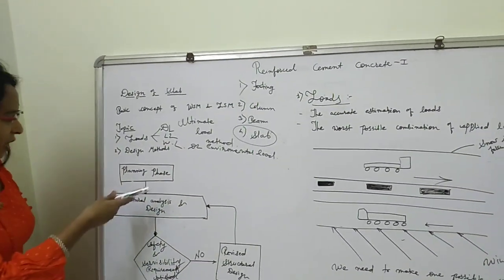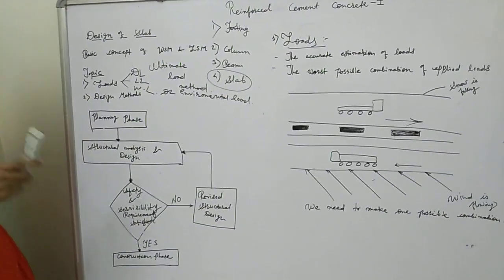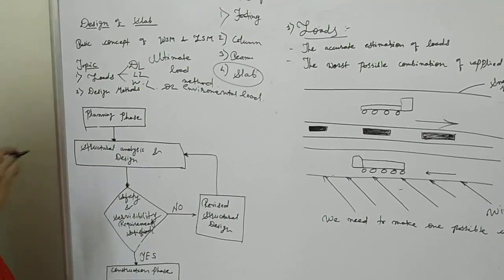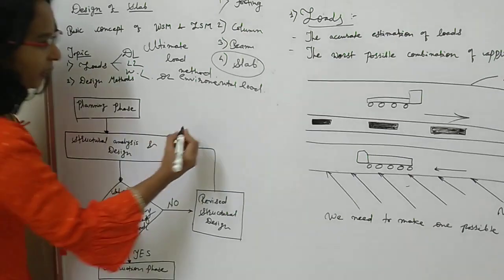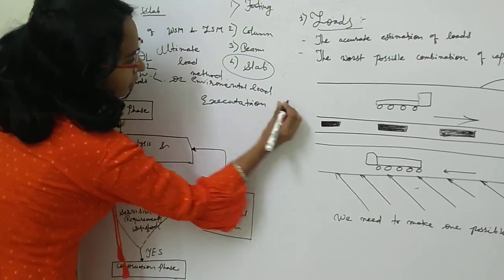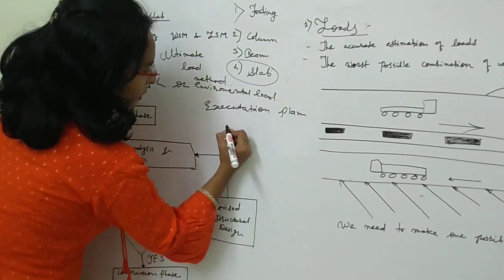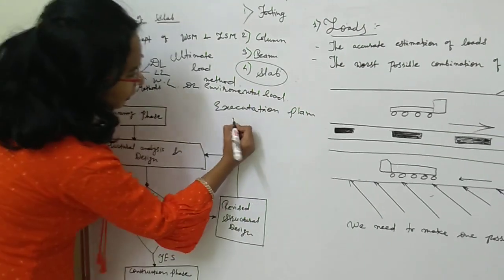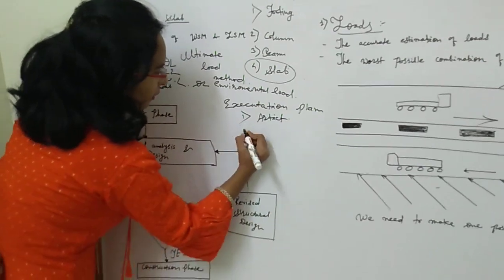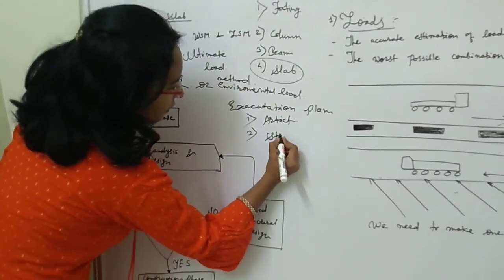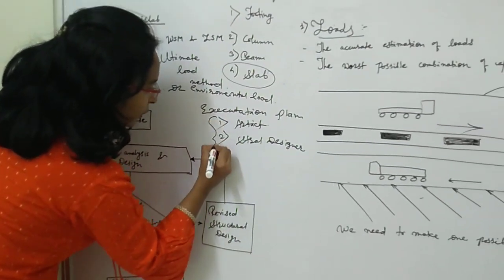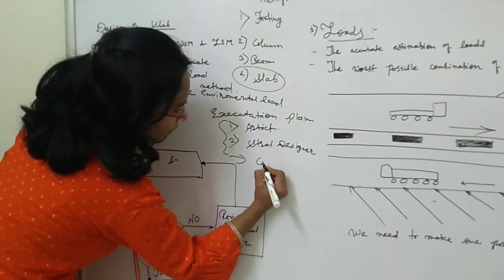Then see the planning phase, structural phase and civil execution phase flowchart. In our execution plan, three members are considered. First member is architect. Second one is structural designer. And the whole execution comes under the work of civil engineer.